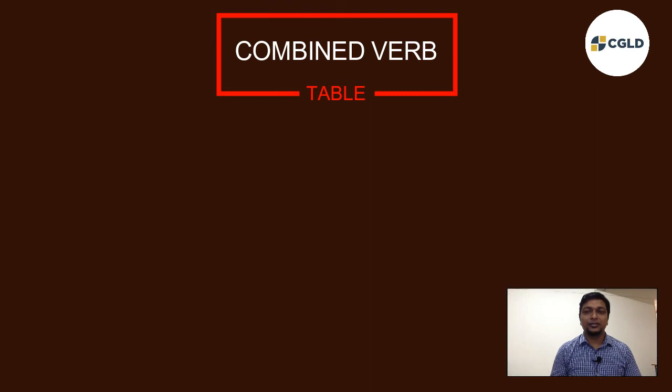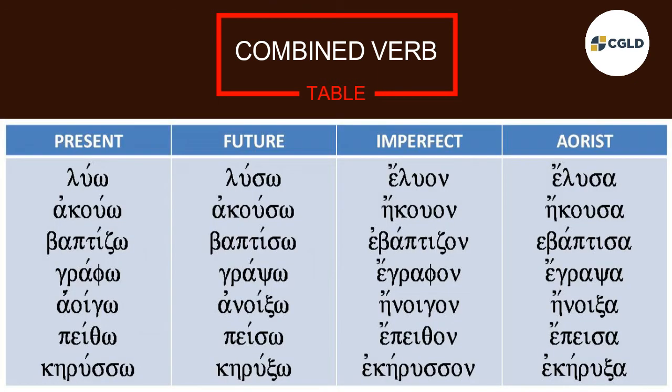So for our learning, I'll just go through the word karusso in present tense. In future tense, it is karuxo with a psi there, which is replacing the double sigma. Again, in imperfect tense, with the augment, we find it is ekeruson, and in aorist tense, we find it is ekeruxa.